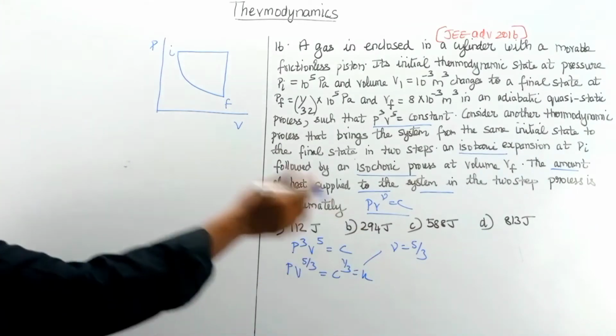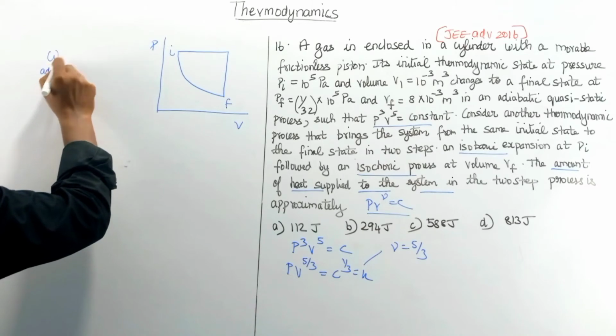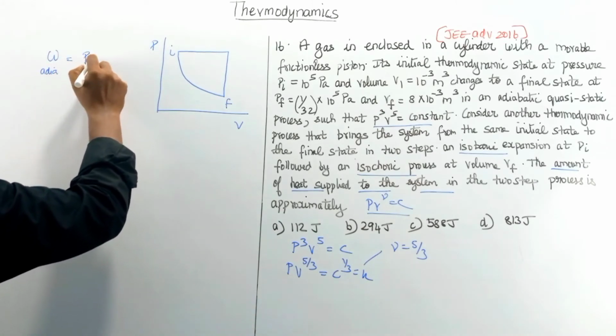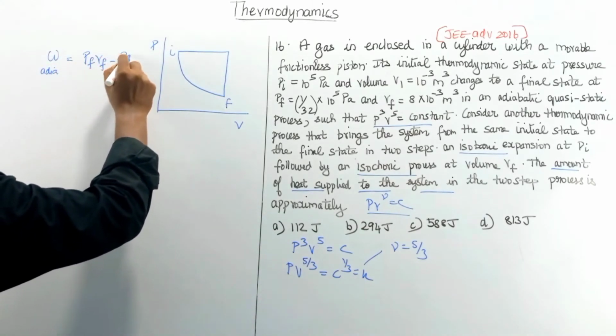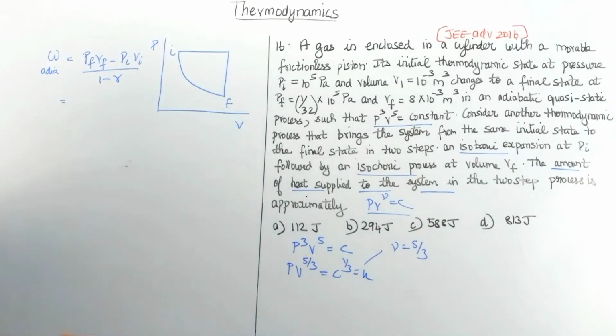Now the work done in an adiabatic process. You know that it is P final V final minus P initial V initial, divided by 1 minus gamma. So what is the value of final pressure?